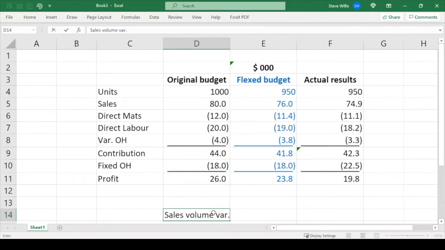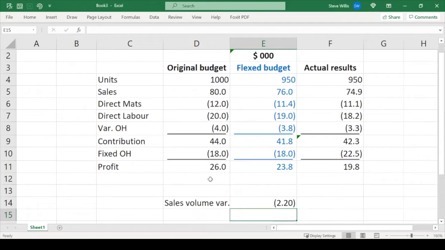And because we sold fewer units than planned, it's adverse. So I can now just use the spreadsheet to help me do that. That will be equal to my flexed profit minus my actual profit. And that is adverse.